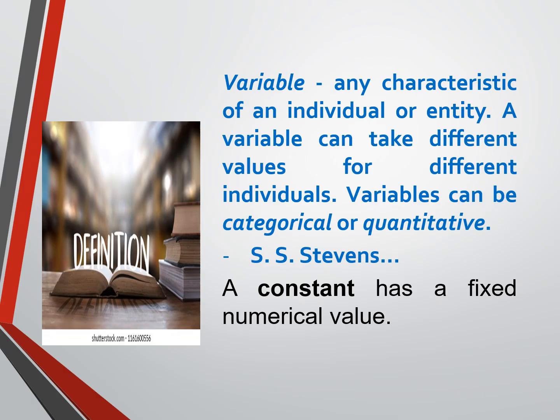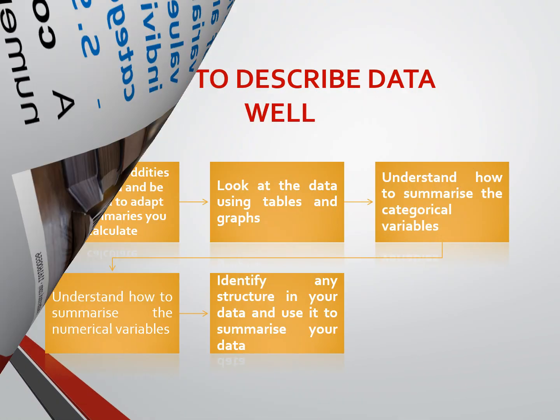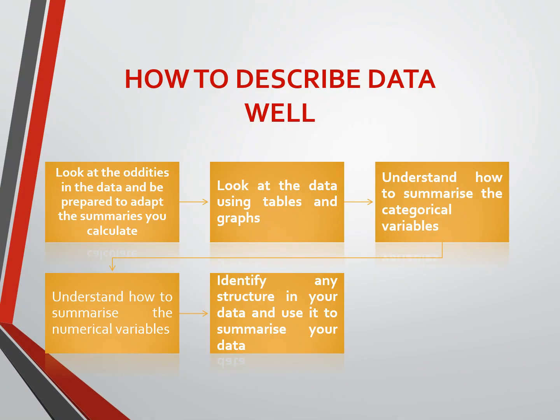Now, once we understand the variable, and once we know the population and sample study, we have to describe the data in a systematic method. So we should look for the oddities in the data. This is a very important thing.